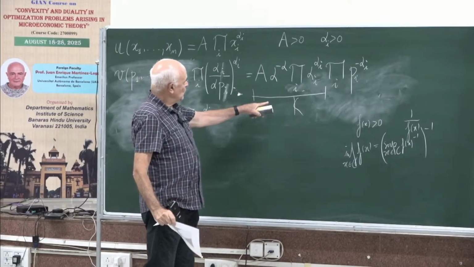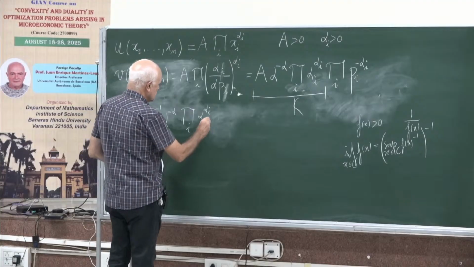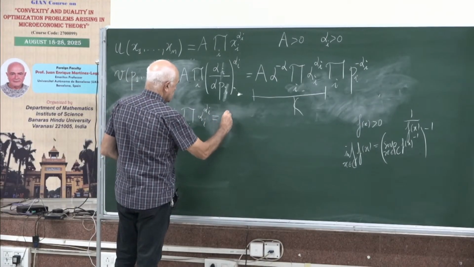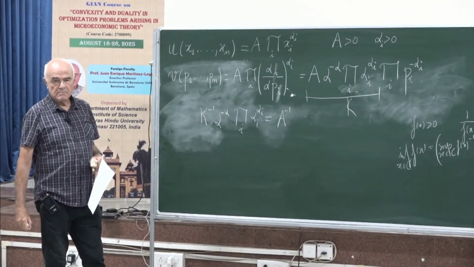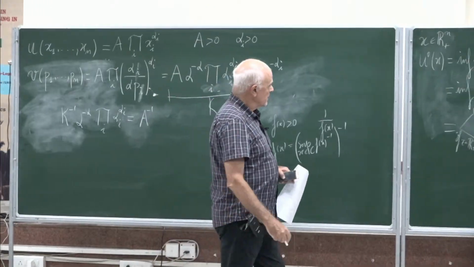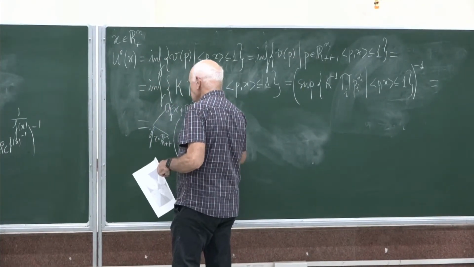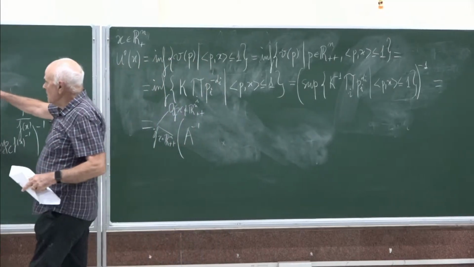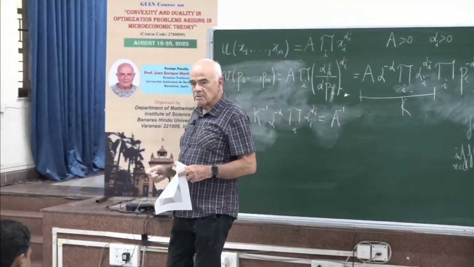But if you look at the definition of k, this is simply a to the minus 1. Do you agree? So here what we get is a to the minus 1. I mean, all this constant in our case reduces to a to the minus 1.